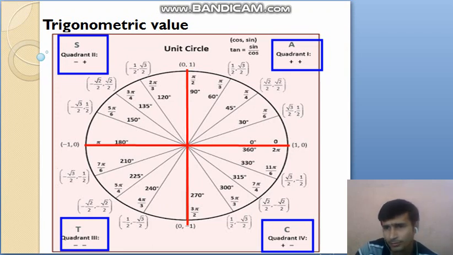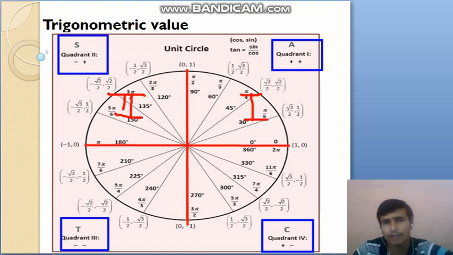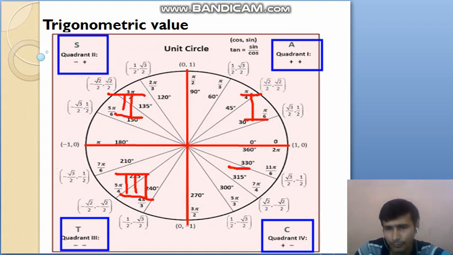First quadrant, where both the coordinates are positive. Second quadrant, where the x coordinate is negative and the y coordinate is positive. Third quadrant, where both the coordinates are negative, and fourth quadrant, where the x coordinate is positive and the y coordinate is negative.